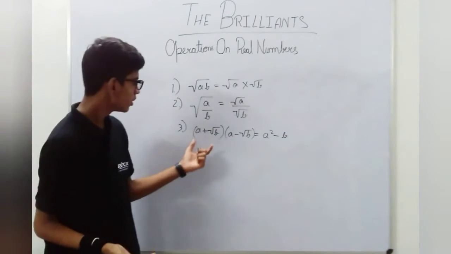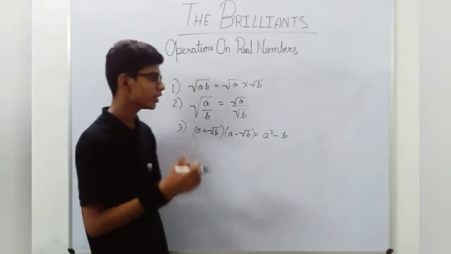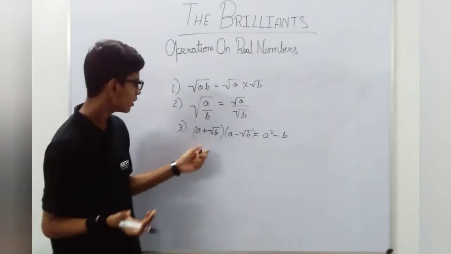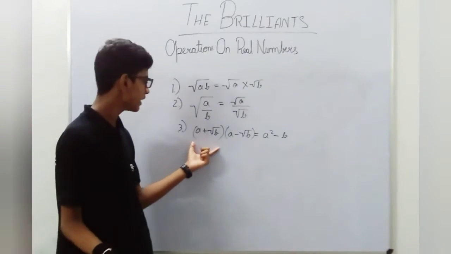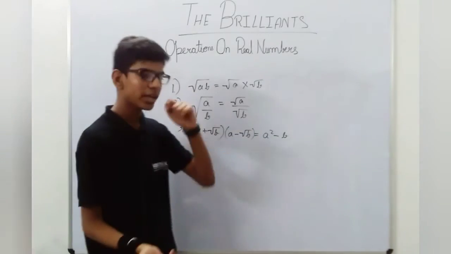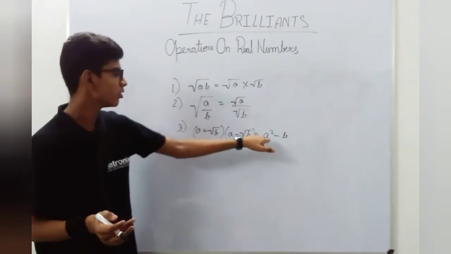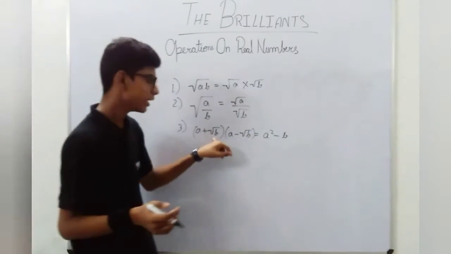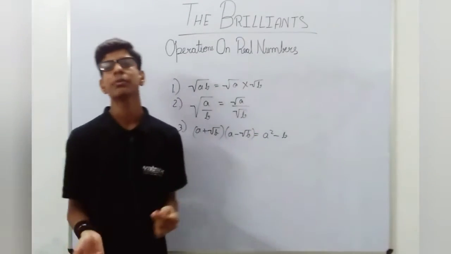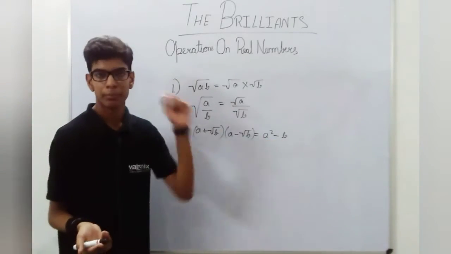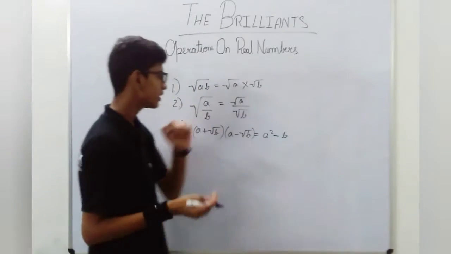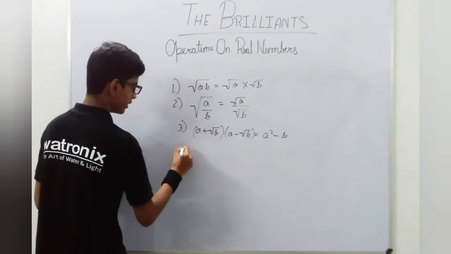This a is not in root, and we already studied that a plus b, a minus b is equal to a square minus b square. So a square will be a square, and b square is under root b multiplied by under root b, which is b. So we get a square minus b.